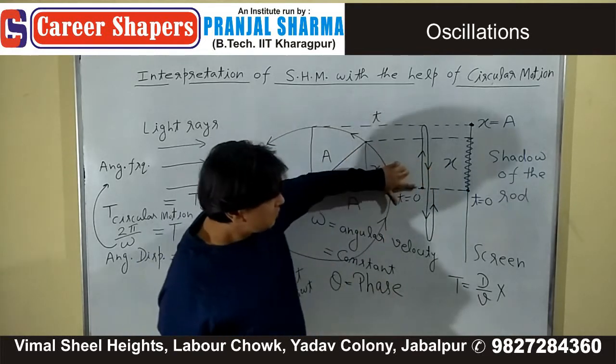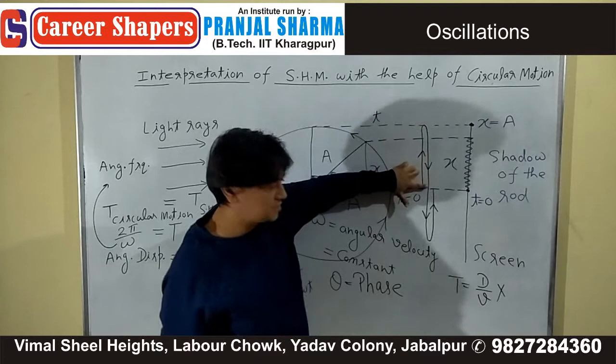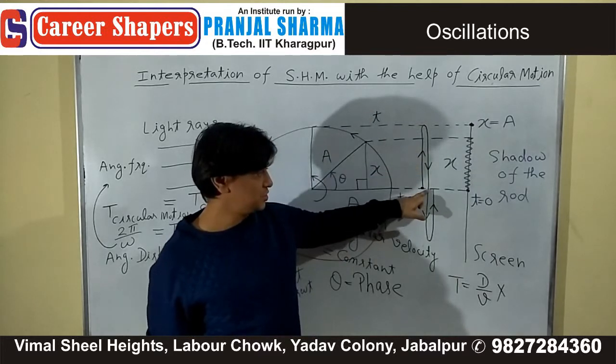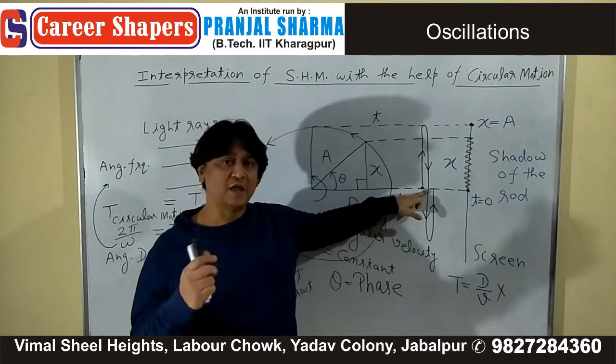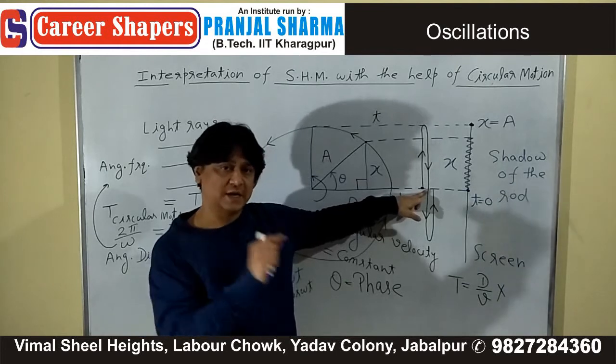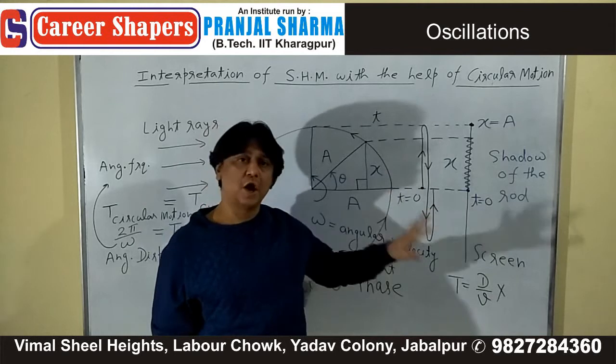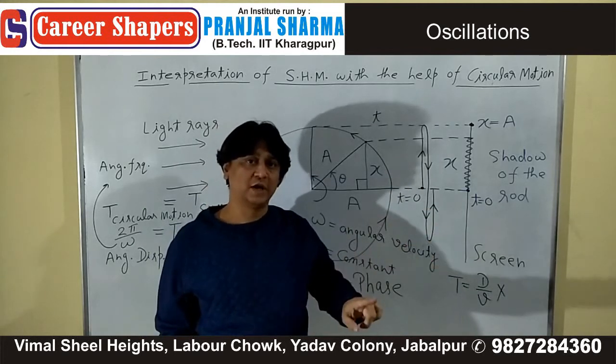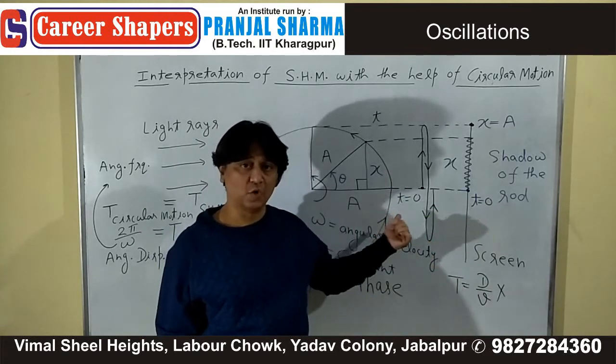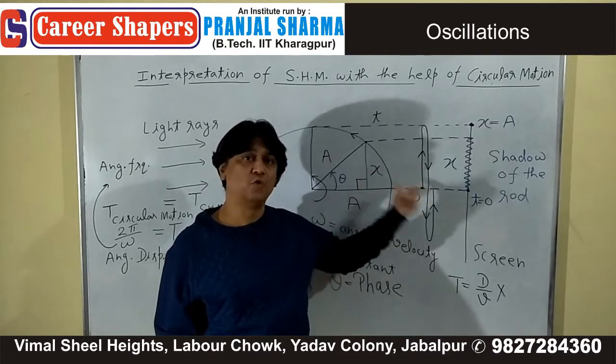Again, when this object completes half oscillation and arrives at this position, how do you define this position? The object is at mean position and is going for negative amplitude. But now you can simply say that the phase of the object is what? Pi, 180.